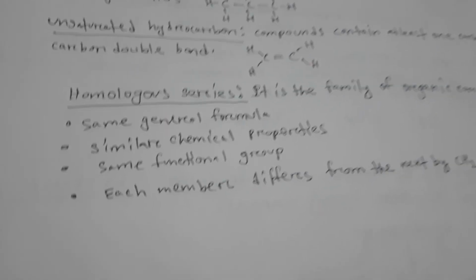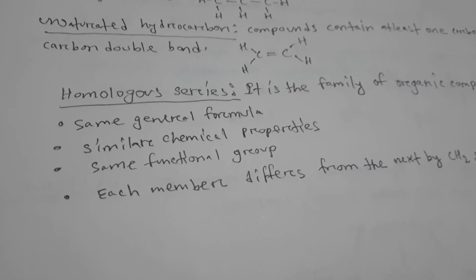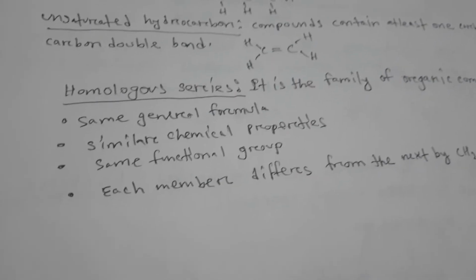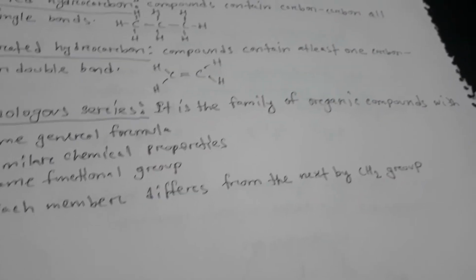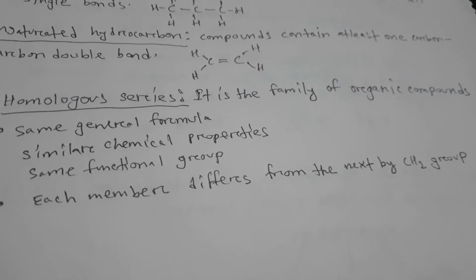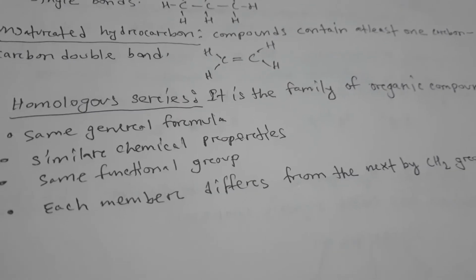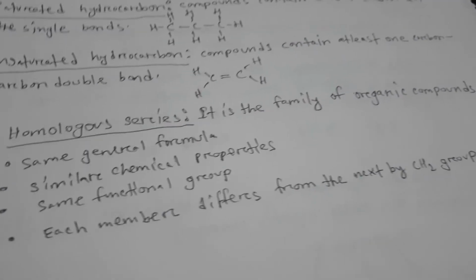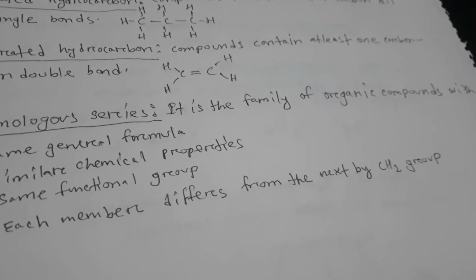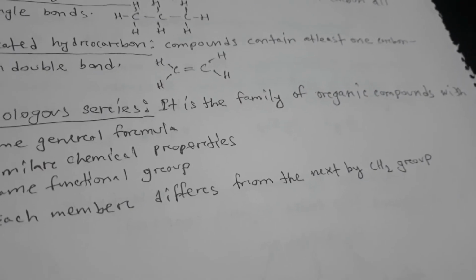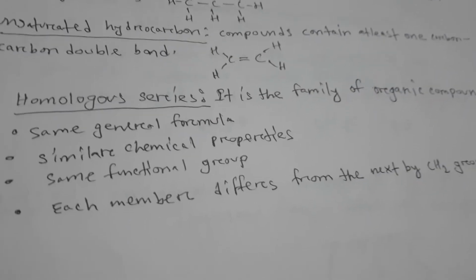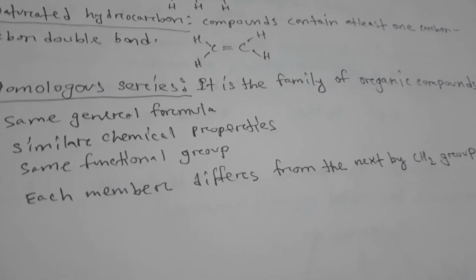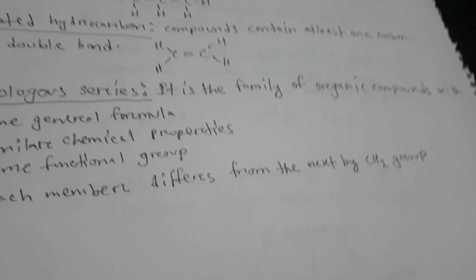You have to know what is chemical, what is functional group, how each member differs from the next by CH2 group, then same general formula. Just learn that homologous series, it is the family of organic compounds with same general formula, similar chemical properties, same functional group. Each member differs from the next by CH2 group.